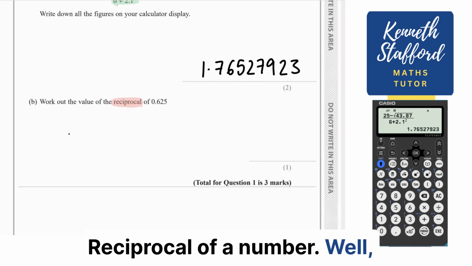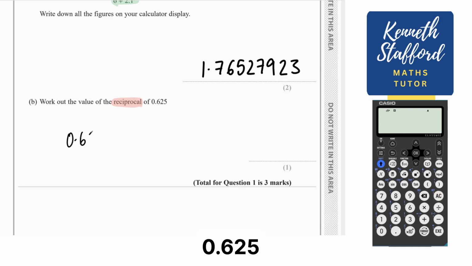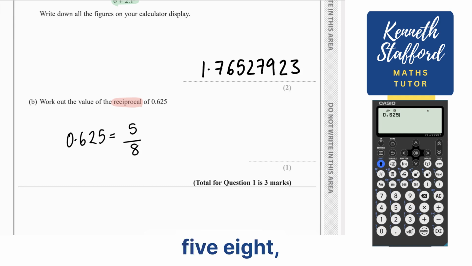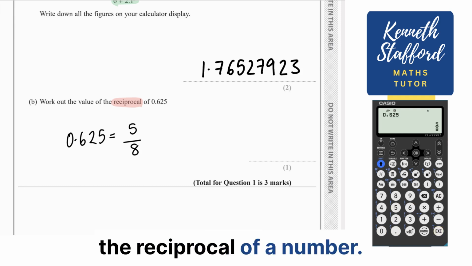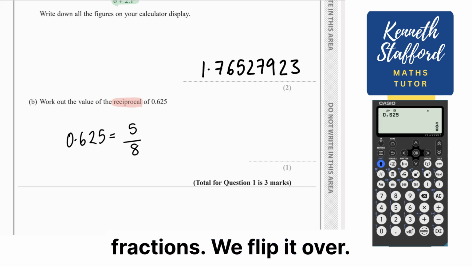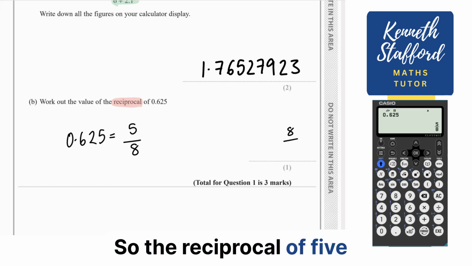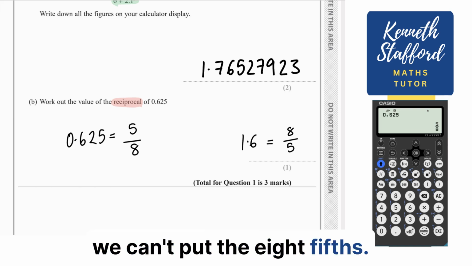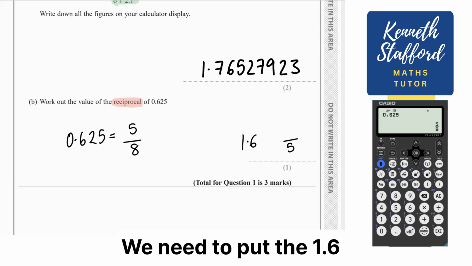Reciprocal of a number, well, 0.625, if you put it into your calculator and push equals, it'll tell you it's 5/8. The reciprocal of a number, we use this when we divide fractions, we flip it over. So the reciprocal of 5/8 is 8/5, which is 1.6. Now we can't put the 8/5, we need to put the 1.6.